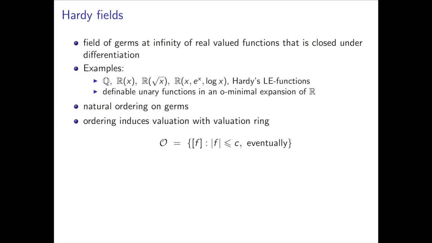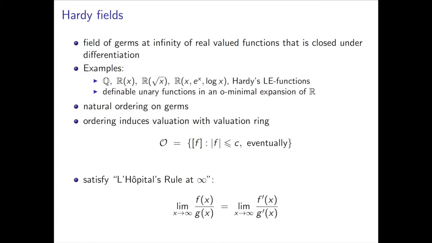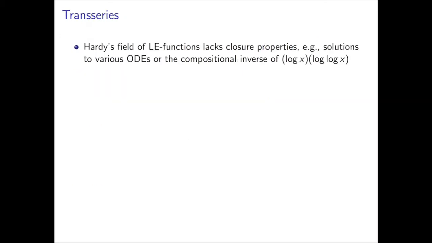Here they're literally bounded by some real constant eventually. And one other useful fact that will motivate the condition of being asymptotic is the L'Hopital rule at infinity: the limit of the quotient of two germs is the limit of the quotient of their derivatives.